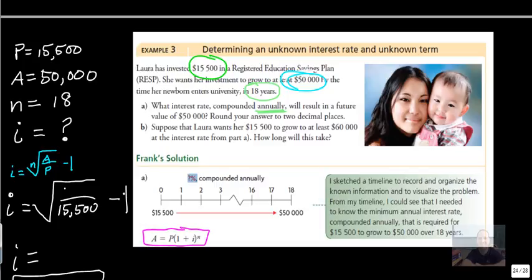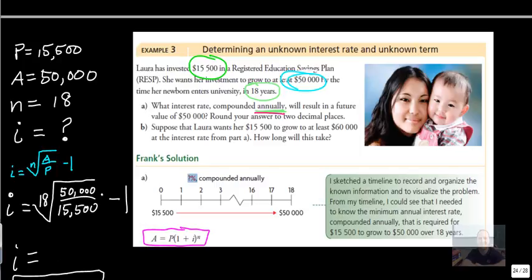And the future value, she wants it to grow to 50,000, so that's A. And n, let's read a little bit about n. 18 years, and it's compounded annually. So n is going to be 18 then. So that's the 18th root.